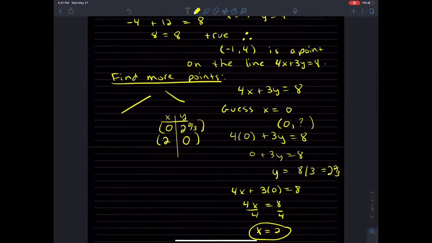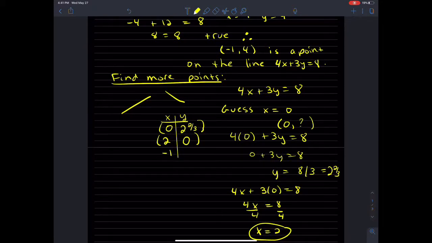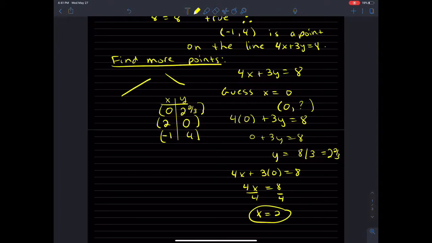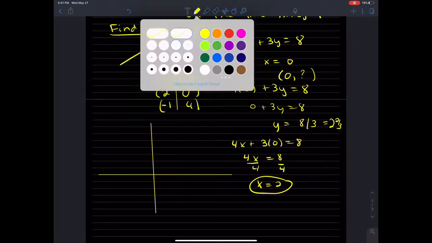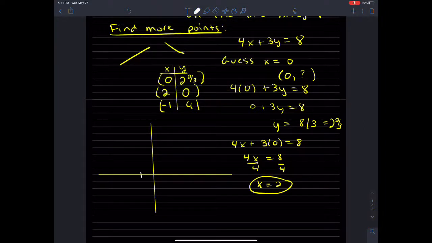And again, don't forget, we also have the (-1, 4) that we plugged in and checked and found was a point. So we have 3 points. I think we can graph this now. The two with the integers are going to be easier to graph. So (-1, 4): 1, 2, 3, 4, right there. And (2, 0).